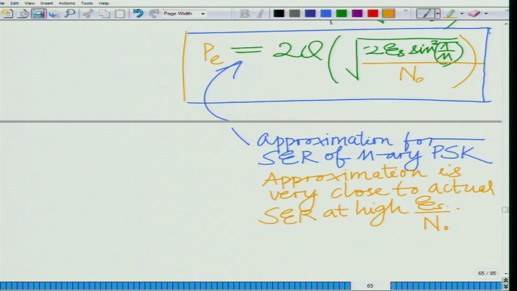Okay. So, that is pretty much what we have for M-ary PSK.